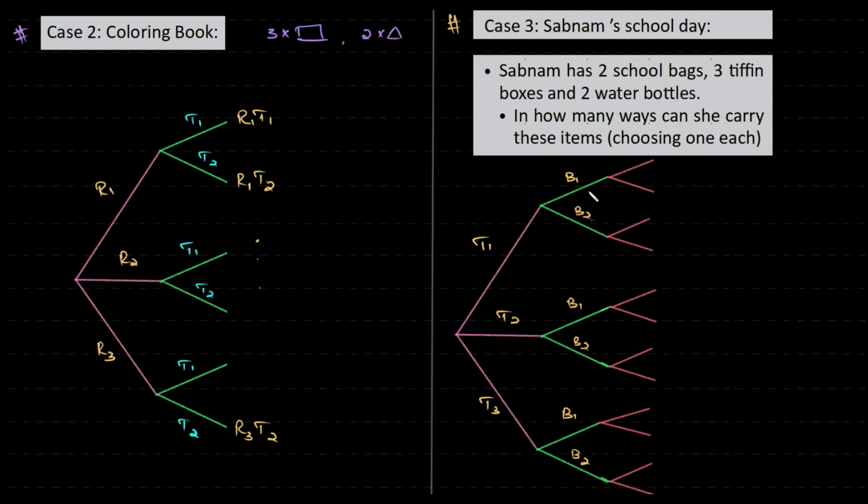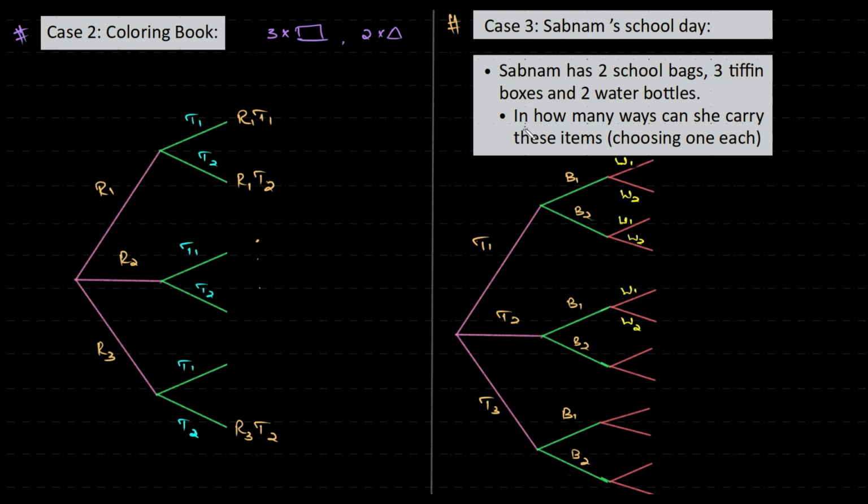So we have the bag done, then the water bottle, so W1, W2, W1, W2, W1, W2. So how many are we looking at? 1, 2, 3, 4, 5, 6, 7, 8, 9, 10, 11, 12. So basically 2 into 3 into 2, right? That would be 12.